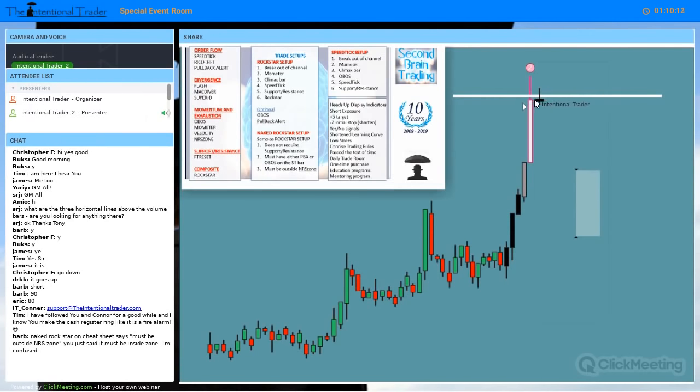And this bar has to open below the resistance 5 ticks or less below this resistance to place a trade. So at the open of this bar, to make it a little easier to see, I don't want it on the line. It's got to be below this resistance 5 ticks or less. All right? Any questions on that?